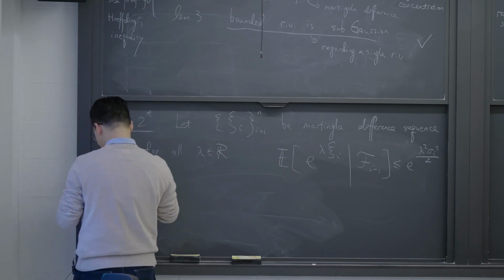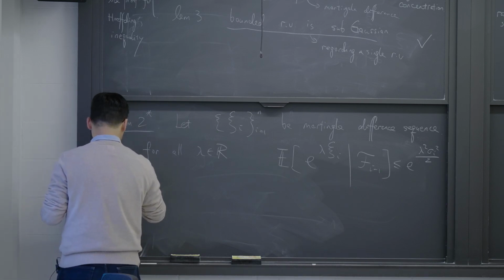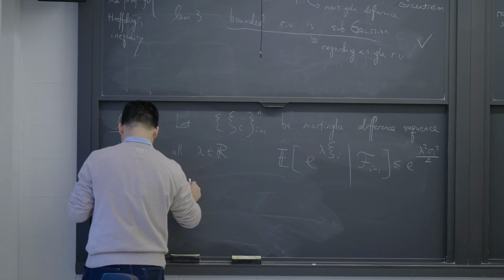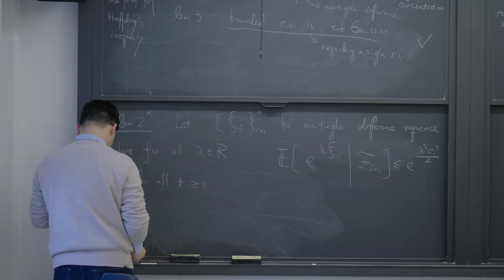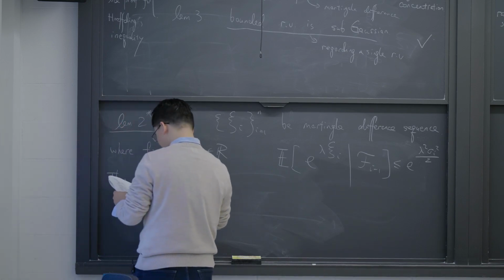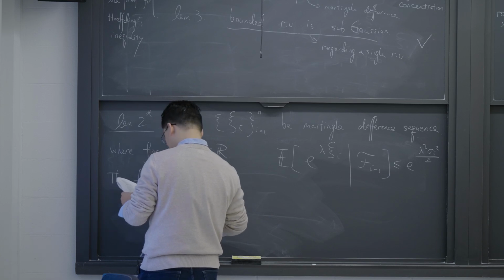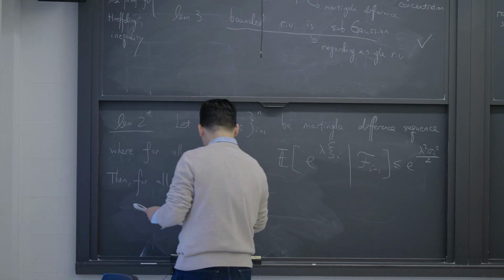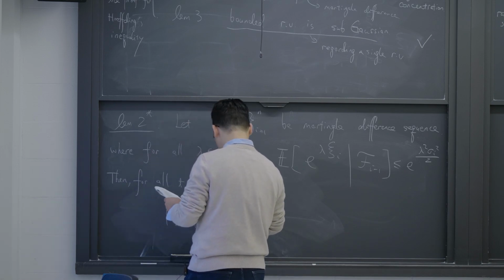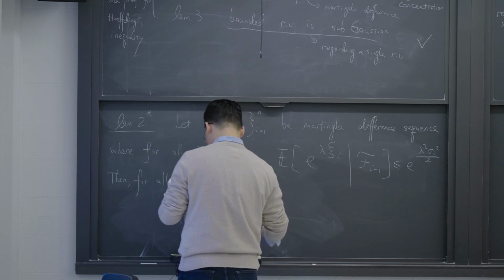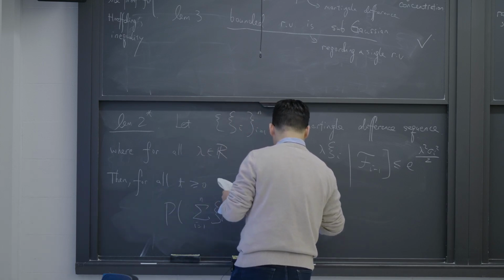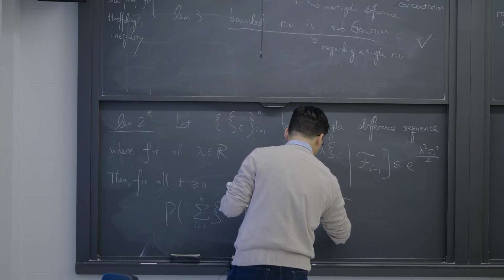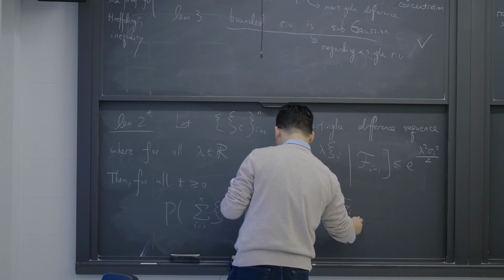Okay. Then for all t greater or equal to 0, we have that the probability of the summation i from 1 to n of Ci greater or equal to t is less or equal to e to the minus t squared over 2 times the summation i from 1 to n of sigma i squared.